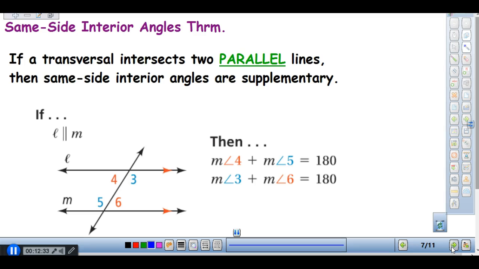I think in today's assignment you will also see this. Remember how yesterday we said that this might also be called consecutive interior. So same side interior or consecutive interior. Remember that those are the same thing.